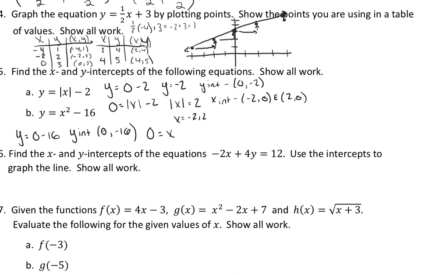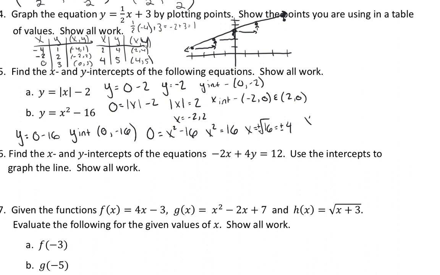And then 0 is equal to x squared minus 16. So x squared is equal to 16. And x is going to be equal to the square root of 16, which is equal to plus or minus 4, because -4 squared equals 16 and 4 squared equals 16.